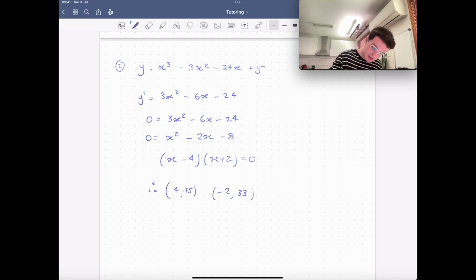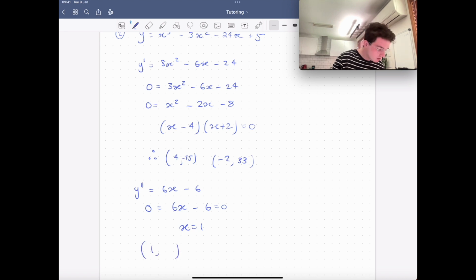If we take the second derivative, y double dash is going to be 6x minus 6. Set that equal to 0 to find my point of inflection. 6x minus 6 is 0, so obviously x is equal to 1. Putting 1 into that equation, we get minus 21. So my stationary points are here. My point of inflection is here.